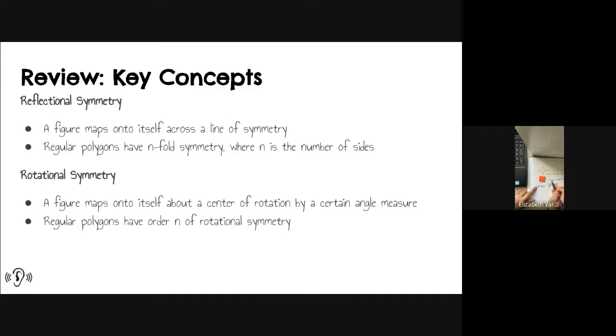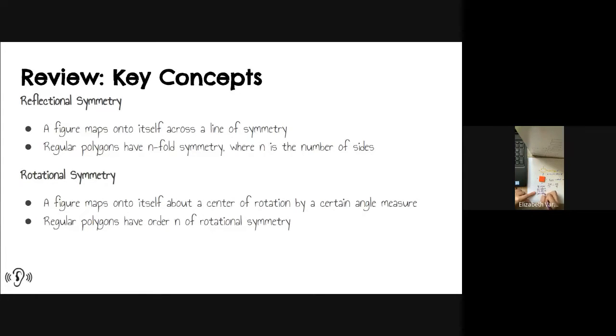We know we need 4 instances, so how do I find those 4 instances? Well, 90 times 1, 90 degrees. 90 times 2, 180 degrees. 90 times 3, 270 degrees. And 90 times 4, 360 degrees.